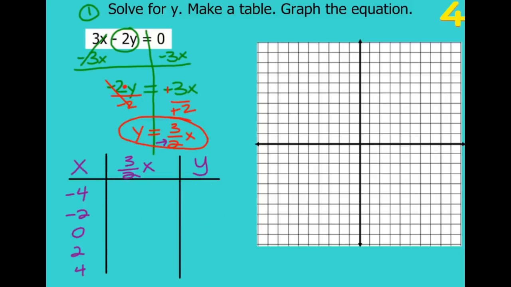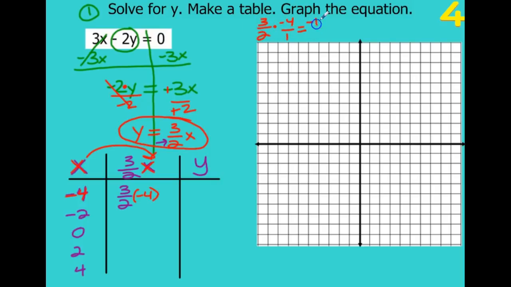So we're going to take 3 over 2, and we're going to multiply it by x. And x this first time is a negative 4, right here. So 3 over 2 times negative 4. You can multiply that like this, 3 over 2 times negative 4, which is really negative 4 over 1.